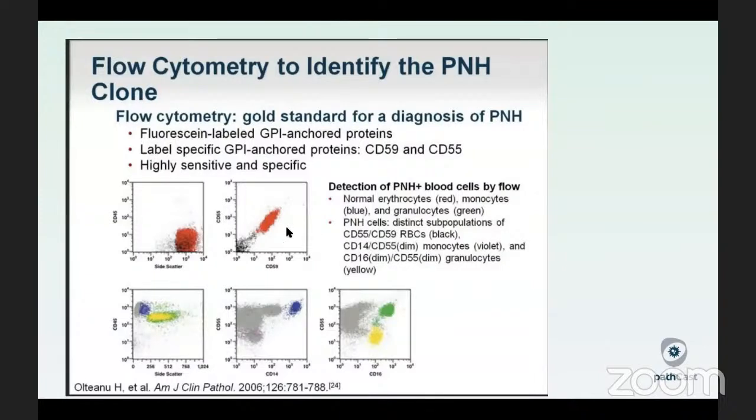This is a common flow cytometric finding: if you find the lack of CD55 and CD59, this is a common exam question. And you also have to be familiar with this disease: PNH does not affect only erythroid cells, it can also affect granulocytes and monocytes, and these markers can be lost on these surfaces.